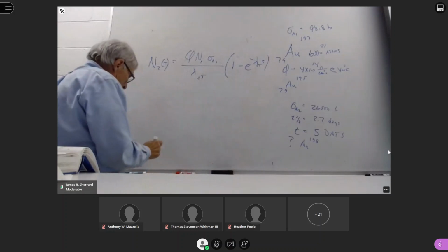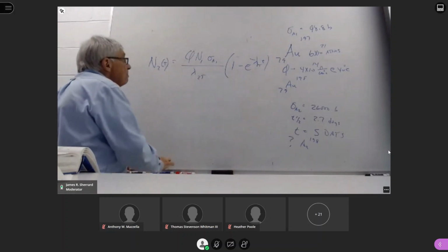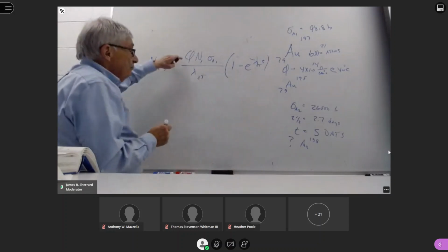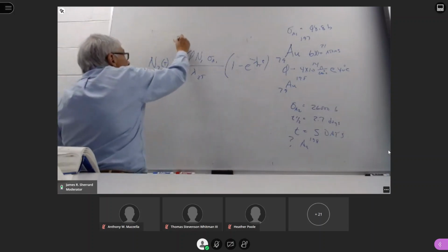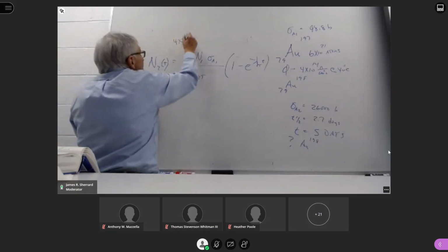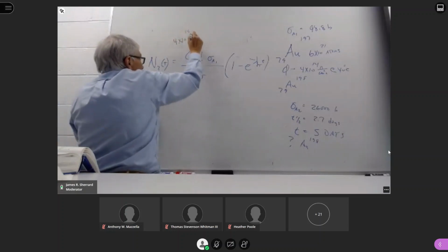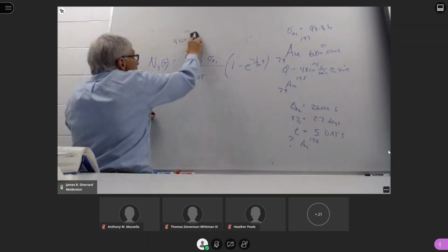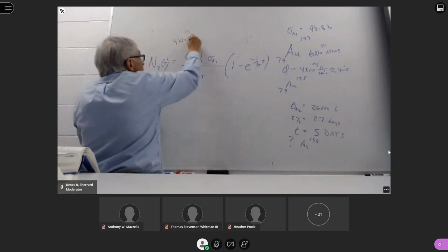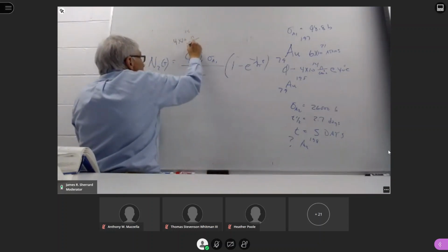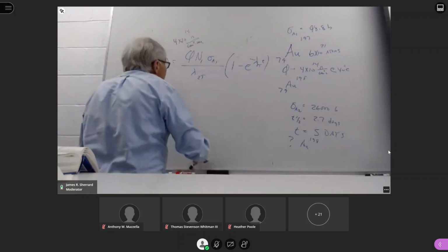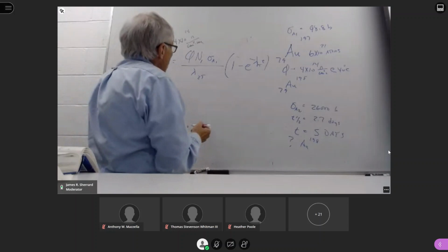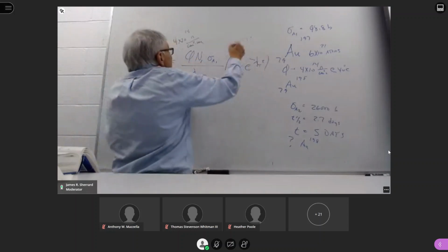Okay. If we look to see what we have, our flux is 4 times 10 to the 14th neutrons per square centimeter per second. What is our number of atoms?